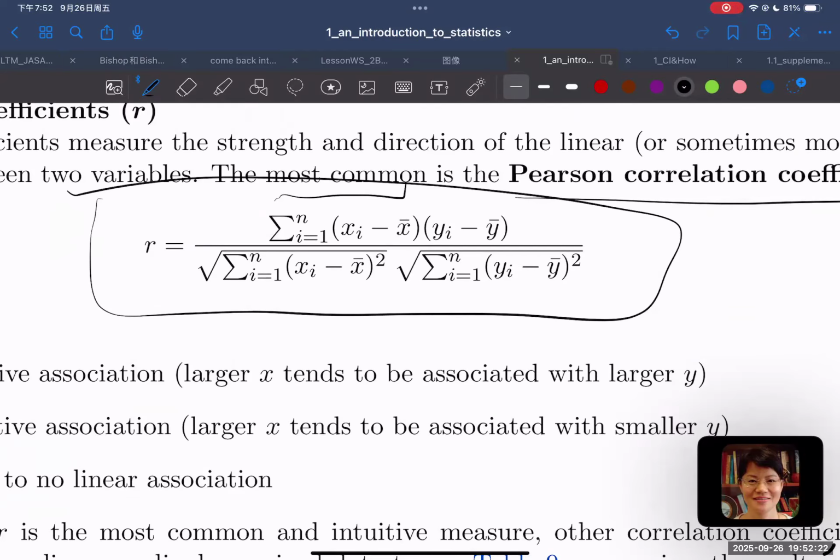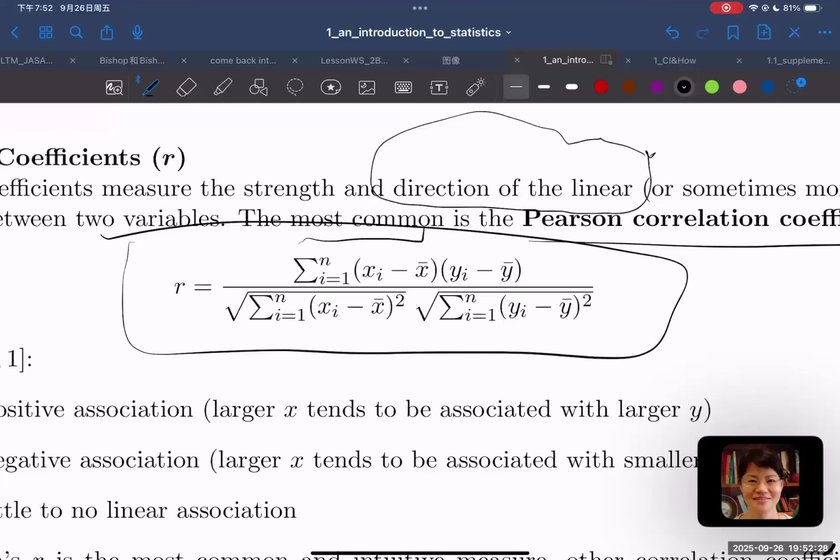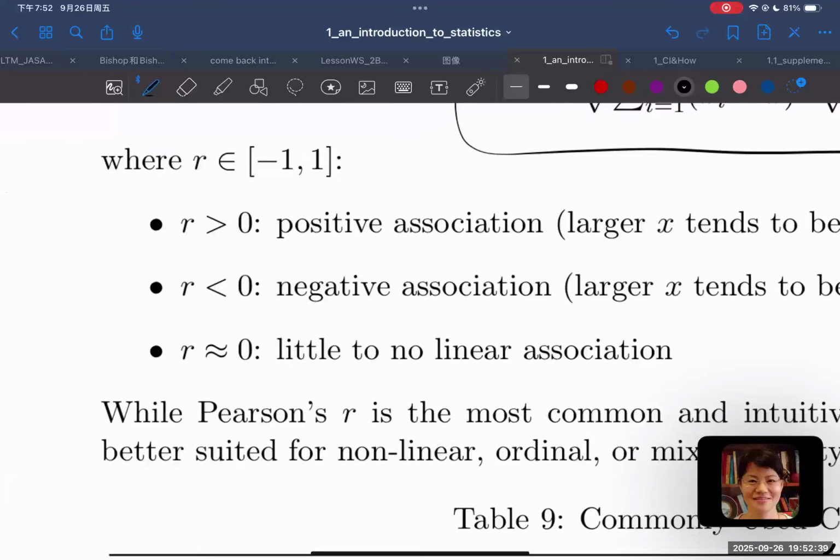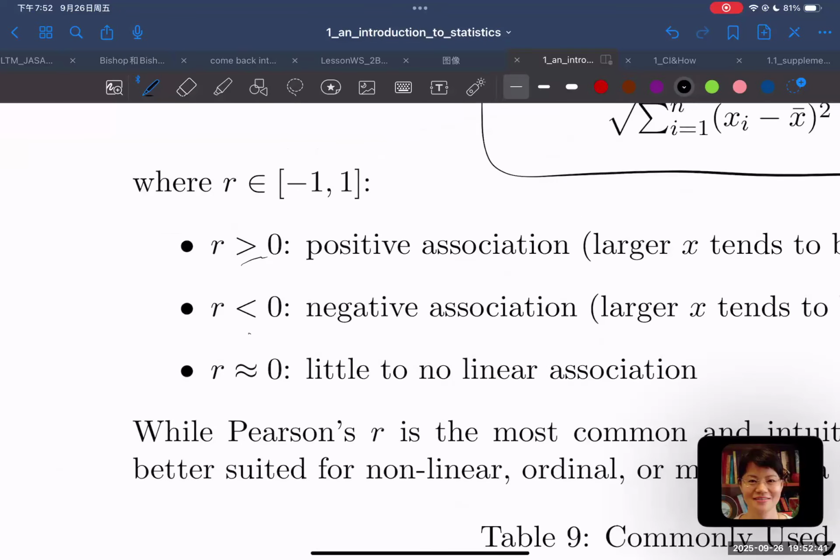When we see this one, we care about the direction and strength around some linear association. This is a linear association, not some non-linear thing. So this is the Pearson correlation. Here we just know a positive, negative association or no linear association.